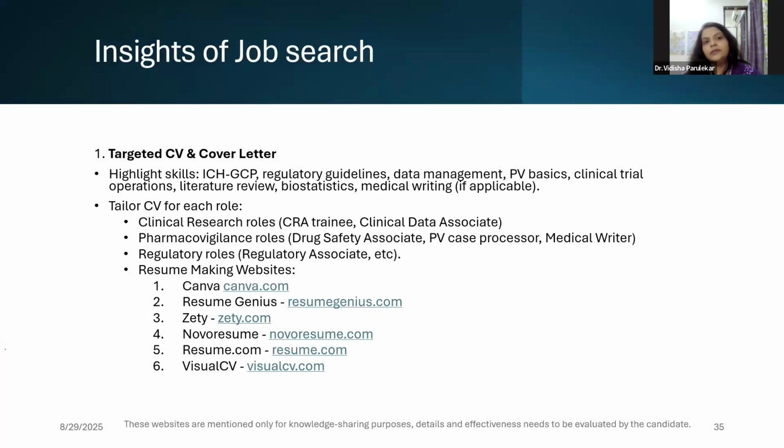Then insights on job search. Now, how your CV should be. That is very important. First, you should have tailor-made CVs with respect to roles. If you have a role of drug safety physician in PV, you should have a different tailor-made CV. If it's for clinical research roles, a different CV, regulatory a different one.